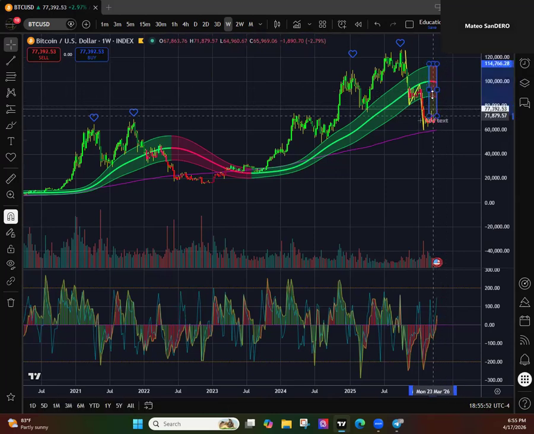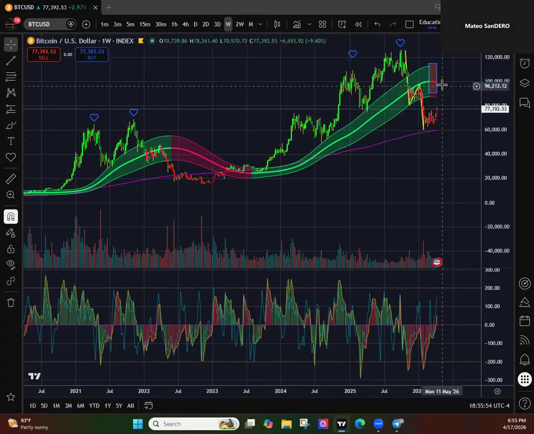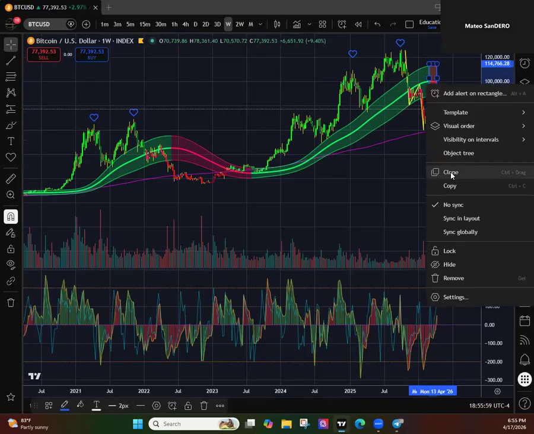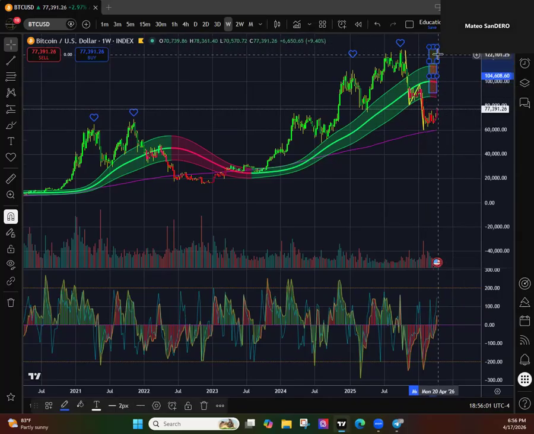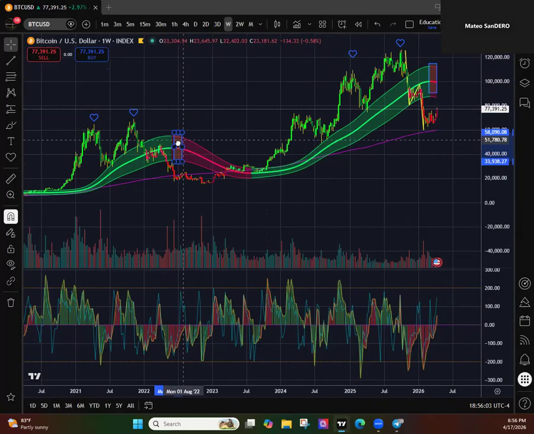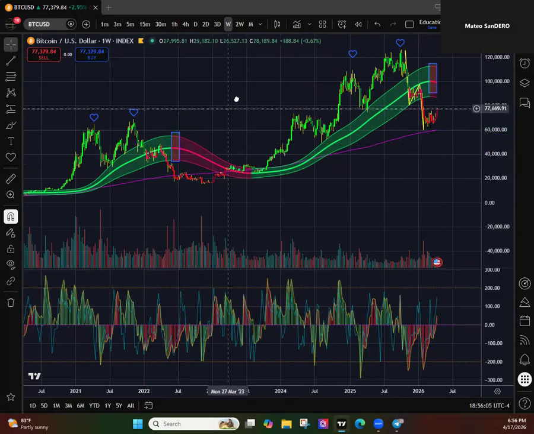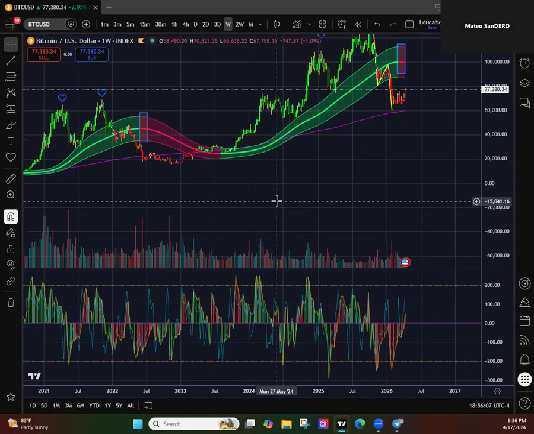It doesn't really matter the height as much right now. You can visually see if price is moving a standard deviation or two away from the median line, the middle one.